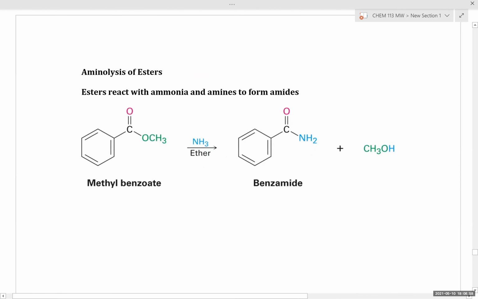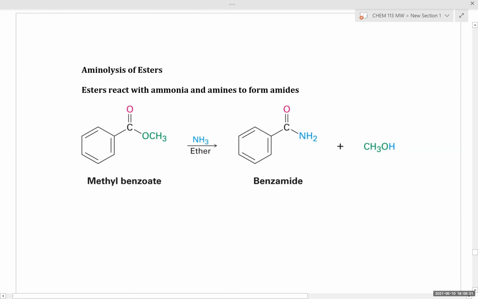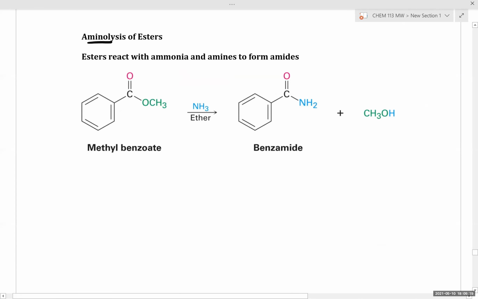So another reaction of esters is aminolysis. This is a method to prepare amides directly from esters. Although this reaction generally is not very efficient and is typically limited to free amides prepared directly via aminolysis with ammonia. So in this case, we're working under mildly basic conditions.